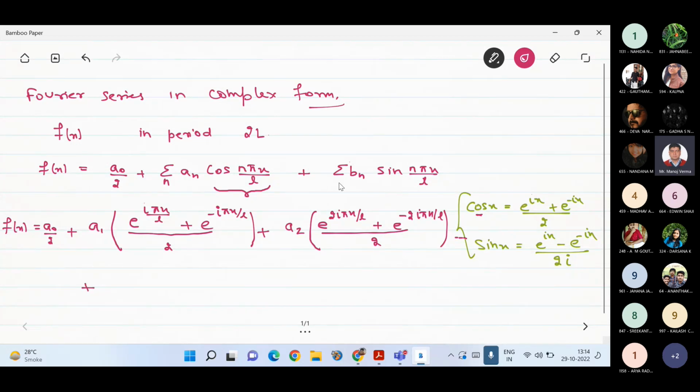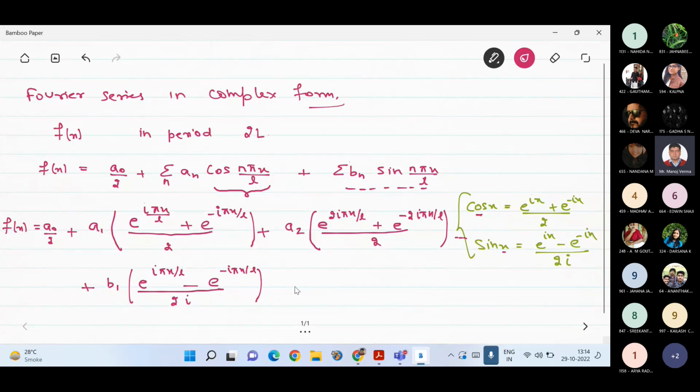And from this part of the expansion, I will get b1, and the sine for b1 will be sine pi x by L. If I insert pi x by L instead of x, it will be e raised to the power plus i pi x by L minus e raised to the power minus i pi x by L, divided by 2i.